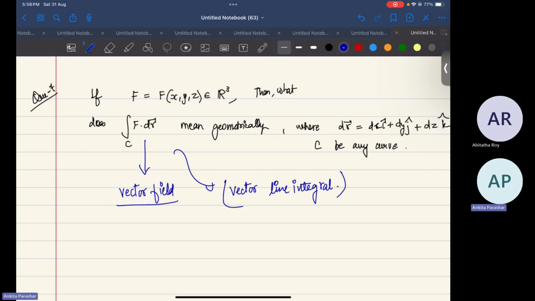If I ask you, the work done by a vector field depends on the direction in which the particle is moving. And of course, wherever it's moving, it should follow a certain path. So there should be a curve which it follows in order to make a displacement.